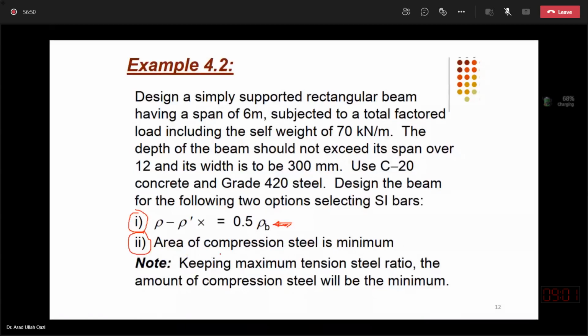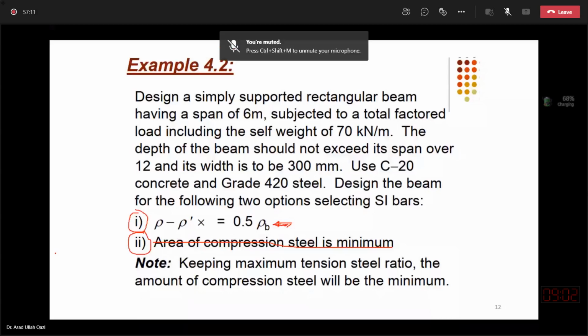The flow chart which I discussed actually fulfills this condition that the area of compression steel is minimum. So even if I do not put this restriction, by default the flow chart we discussed will give you the answer which will fulfill the second condition.